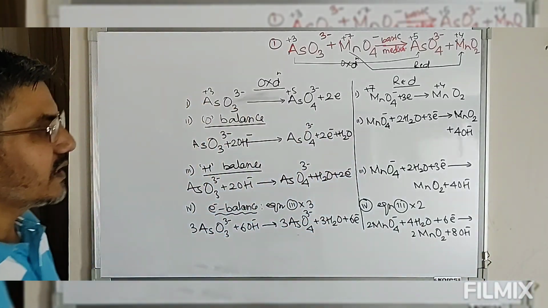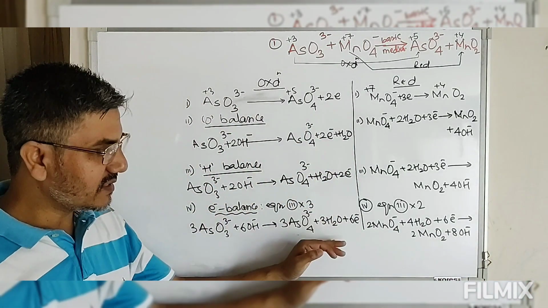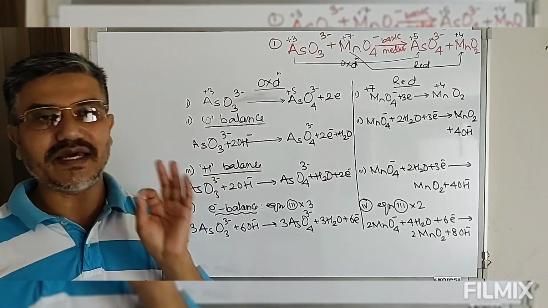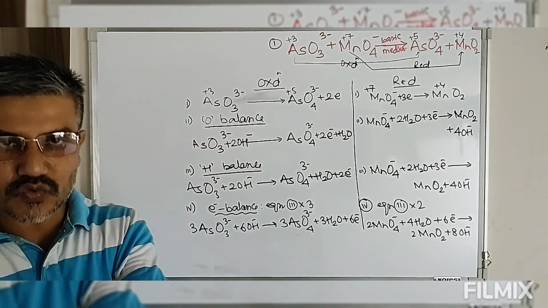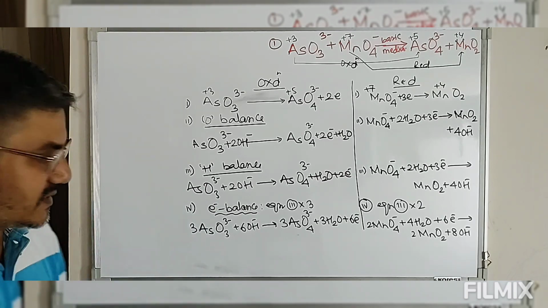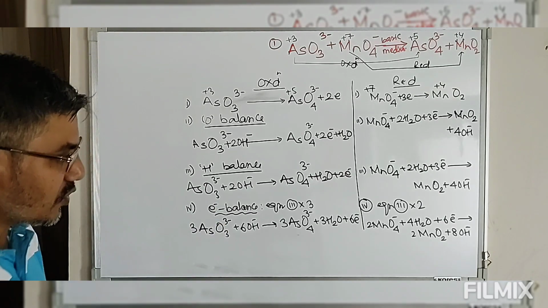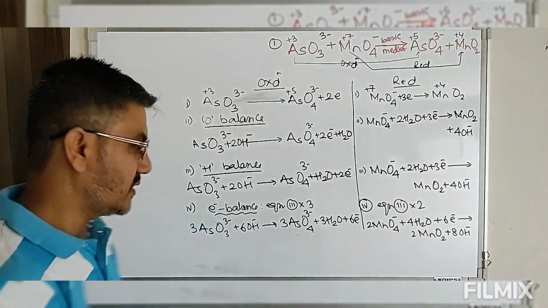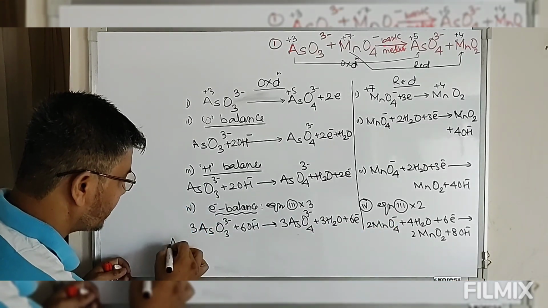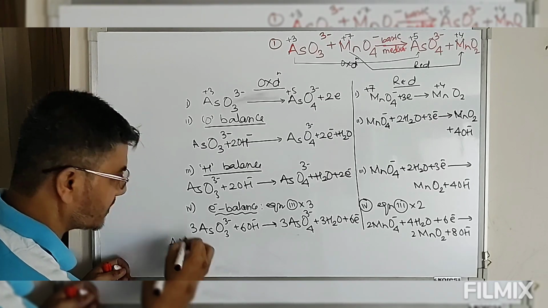So oxidation and the reduction is completely balanced. Now what we have to do is, we have to just add the 2 reactions to get the full balanced reaction. So while adding this, left side will add, right hand side will add. Addition. We will add this reaction.